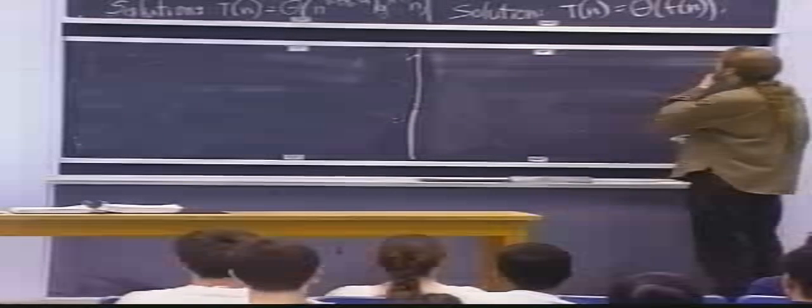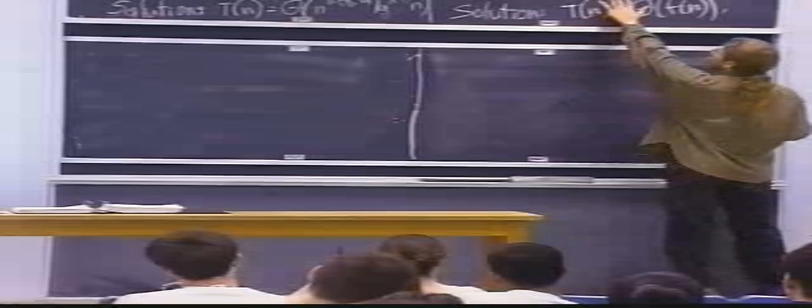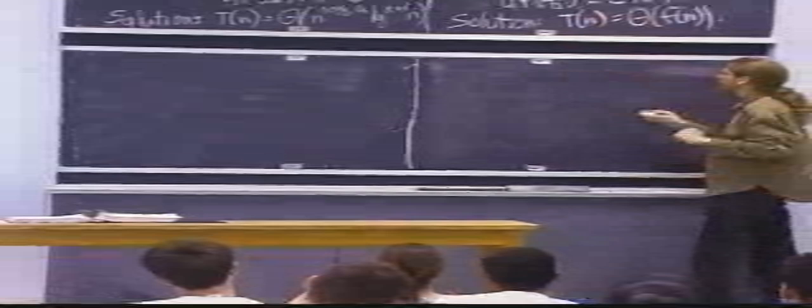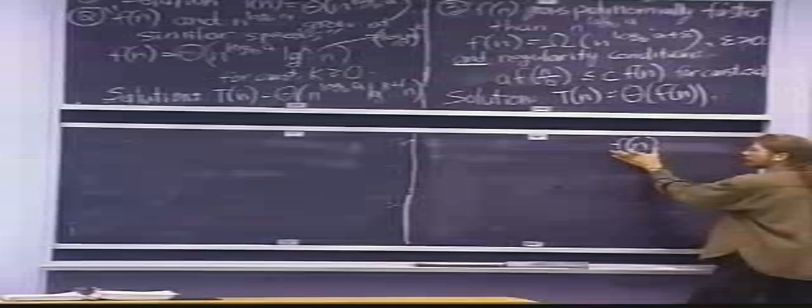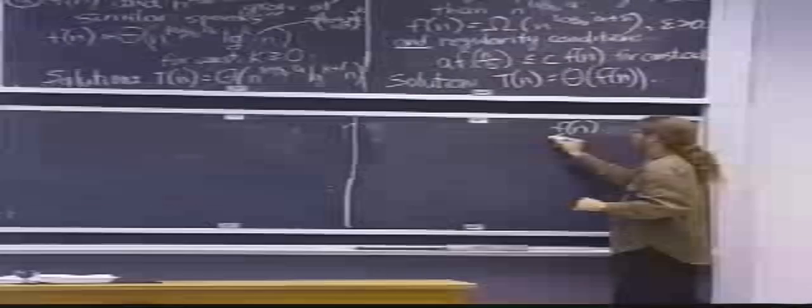What's the picture? Well, this is actually part of a recursion tree. At the top of the recursion tree, you have a merge cost of f of n. Below that, you have a subproblems, each of size n over b.